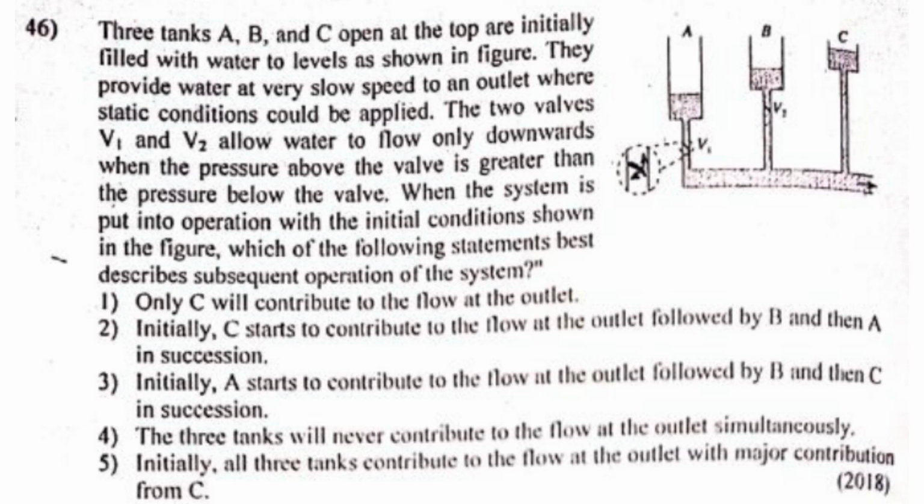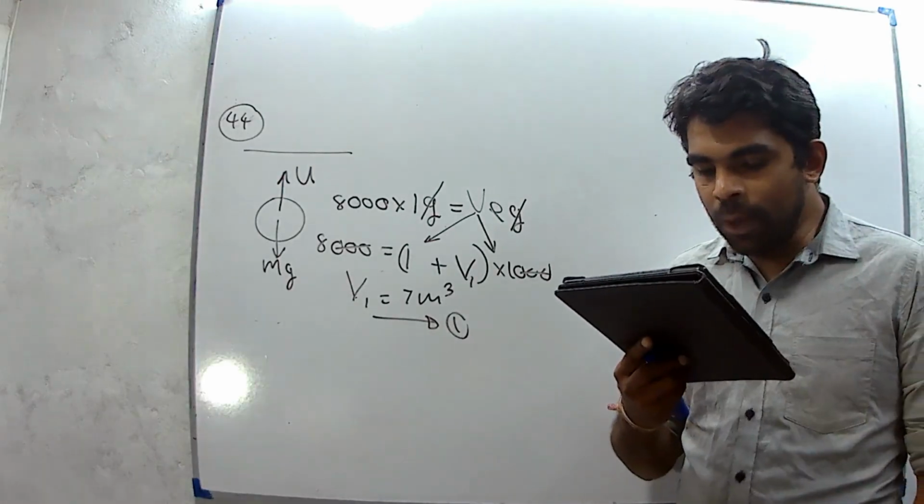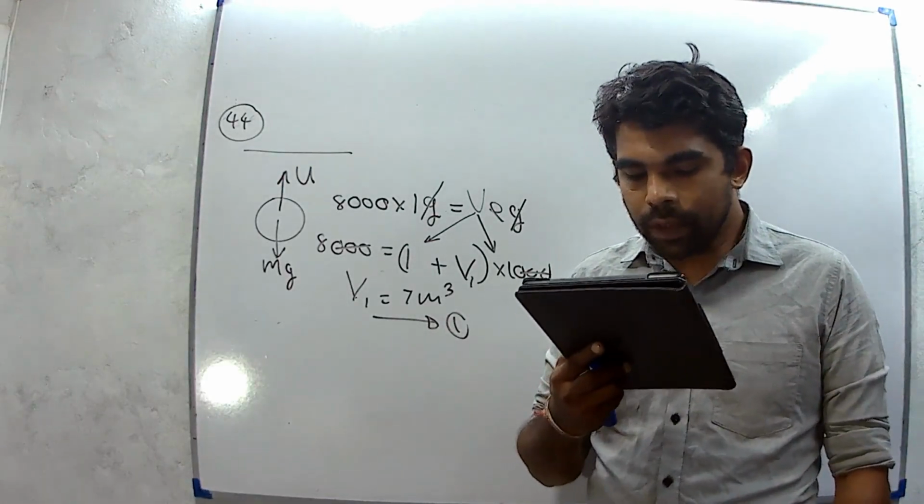The two valves V1 and V2 allow the water to flow only downwards when the pressure above the valve is greater than the pressure below the valve. When the system is put into operation with the initial conditions shown in the figure, which of the following statements best describe the subsequent operation of the system? Only C will contribute to flow at the outlet.